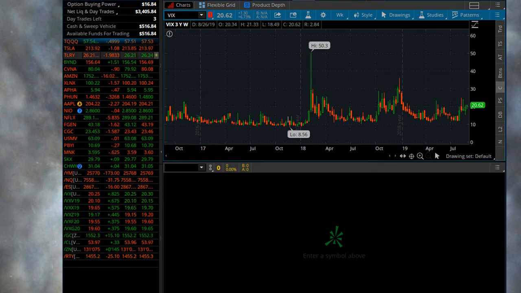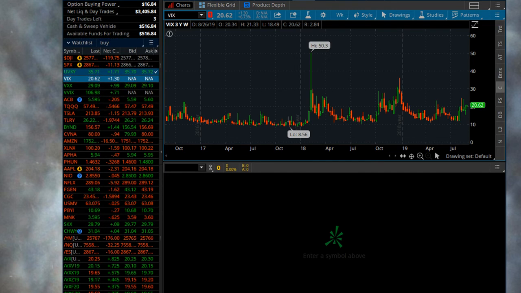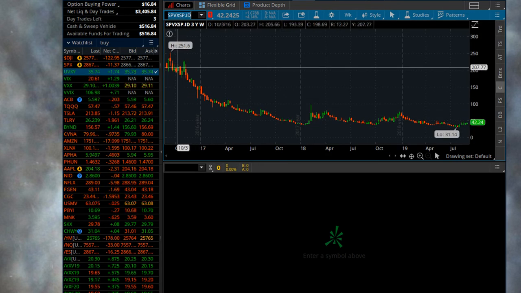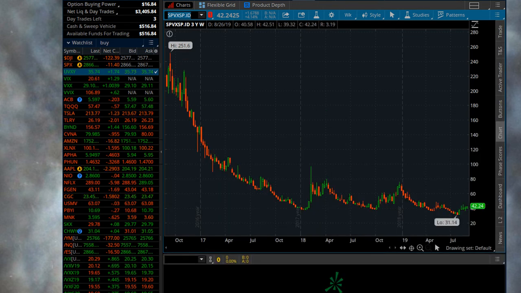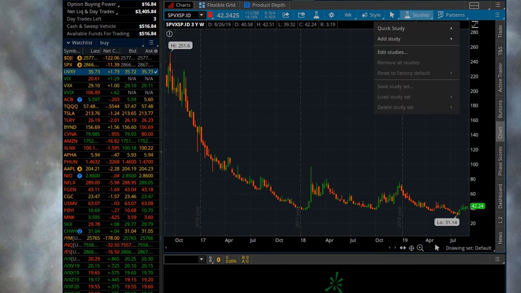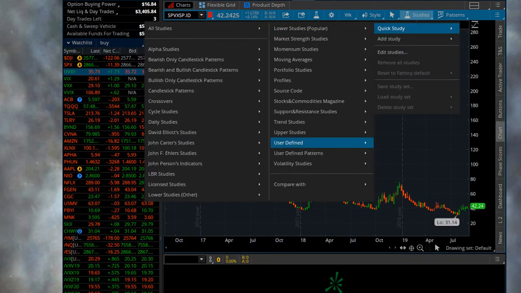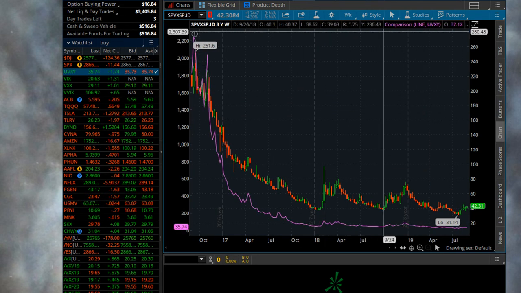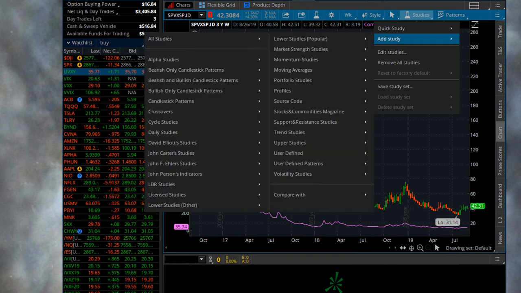I'm not 100% sure that TVIX is based on the exact same index. But let's pull this up and do a study with TVIX and UVXY. I'm going to go to studies, quick study, compare with UVXY. We should see TVIX having even more decay, because TVIX is two times leverage. Okay, studies, compare with TVIX.